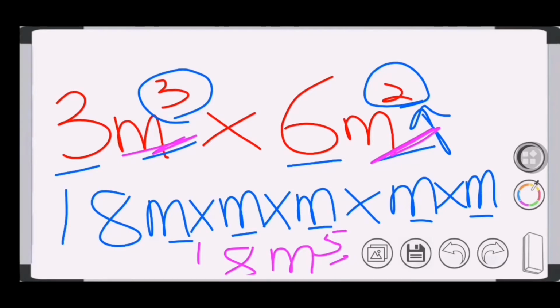So our answer is 18m raised to the power of 5. Remember, it is not the same as 18m5, like this. That should be wrong. If you write it like that, you are going to get it wrong. It should be 18m raised to the power of 5 as we have here. Get it? Got it? Great.